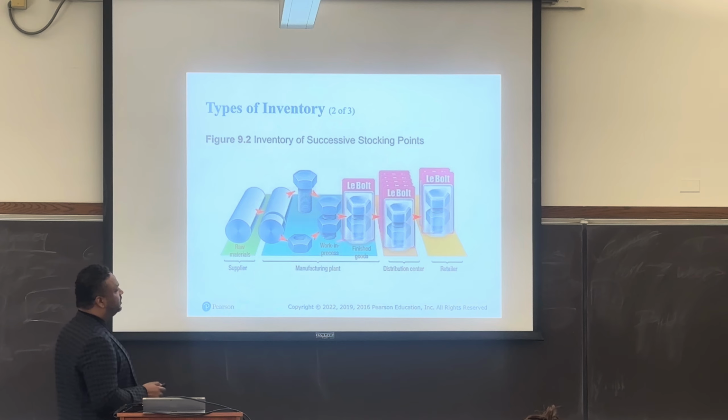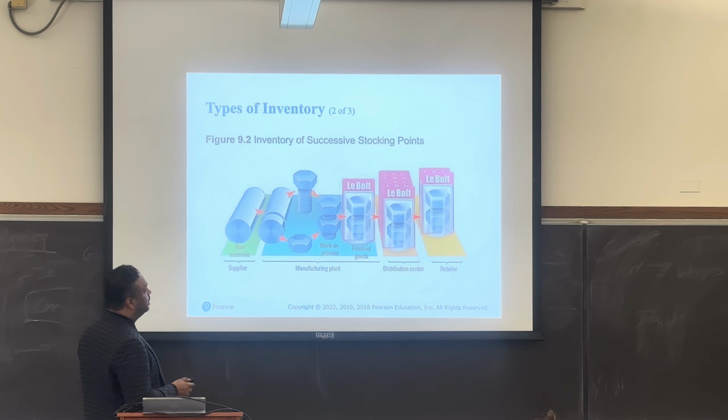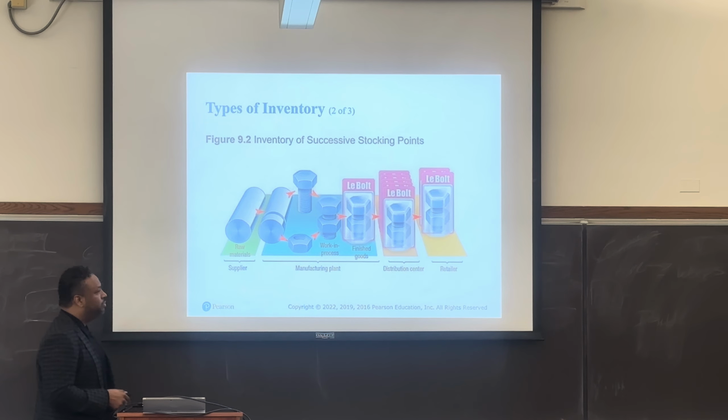Here we go to our manufacturing plant, so we're kind of breaking it down. Now we got a bolt, the head of a bolt, but it's still a work in process. Finally, we get it together. The two are together, but they're not yet packaged, right?